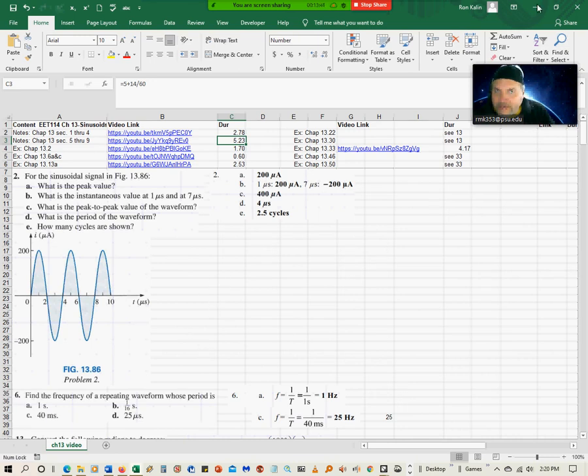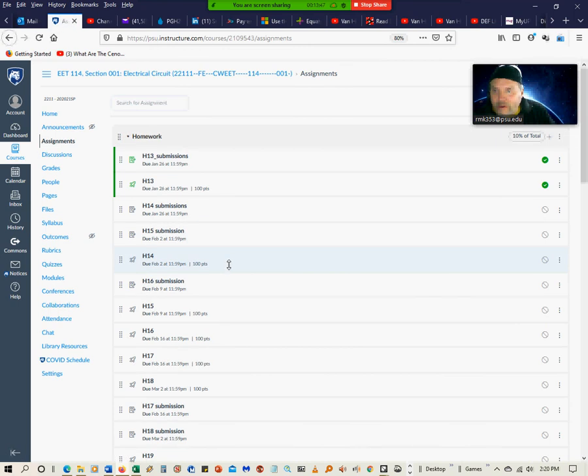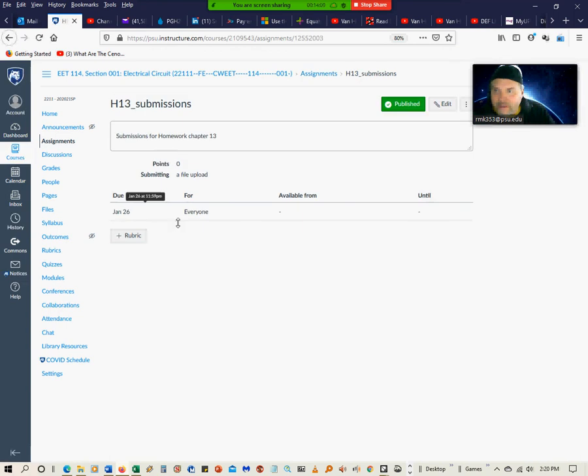And oh, the homework. So when you get an assignment, which I've already given you one now, so you have this assignment here. When you do your handwork and you complete it and it's clear and legible and scanned and everything, this is where you're going to submit it.